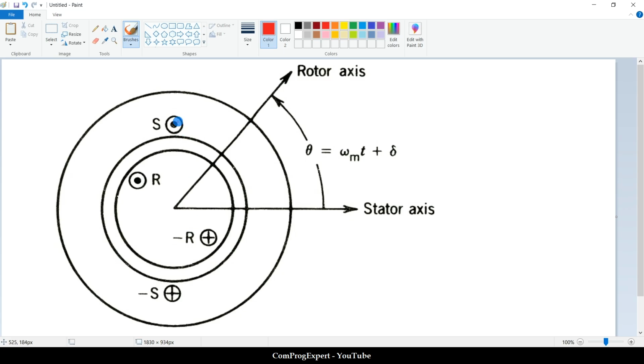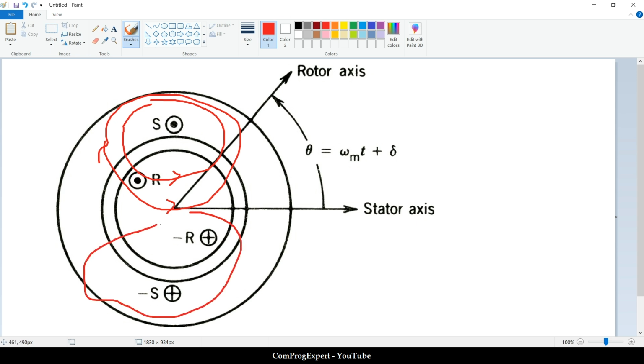Suppose that the current in the rotor coil is 0. If we only excite the stator coil, we will have this magnetic field, and where we have the peak value of the magnetic field is here. This is known as the stator axis, in the direction of the peak value of the field generated by the stator coil.